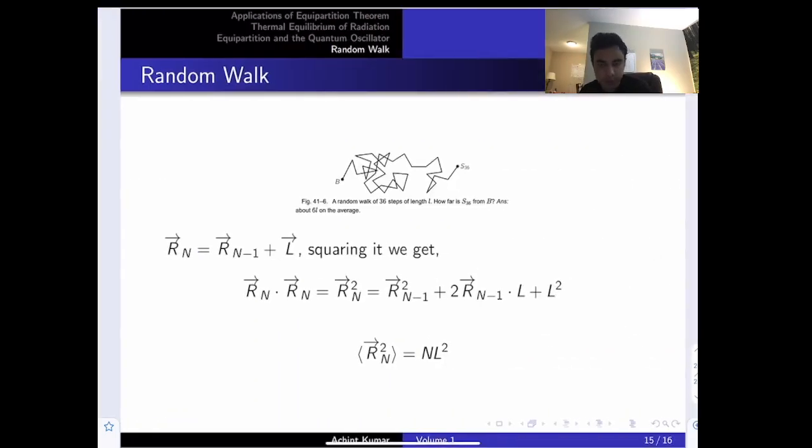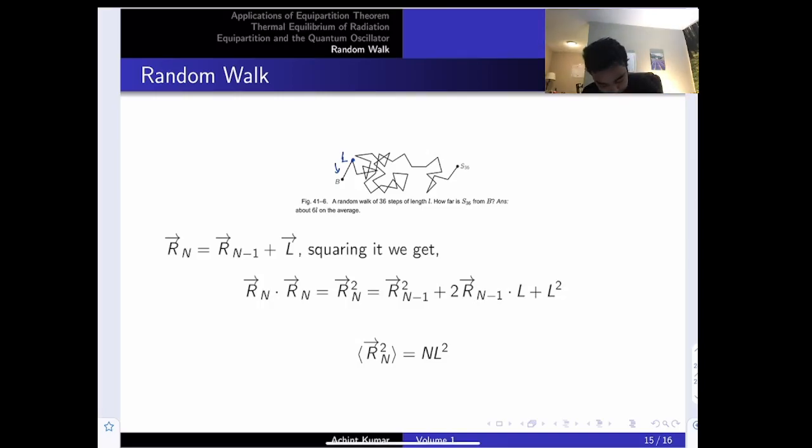Okay. The last topic which I would like to talk about is random walk. So the problem is the following. Imagine there's a random walker who starts out at point B, and he takes strides of length L at a random angle, independent of the angle at which the walker took the previous stride.